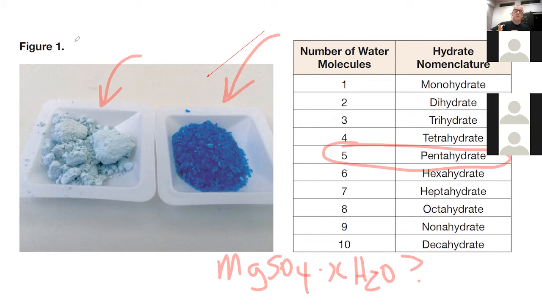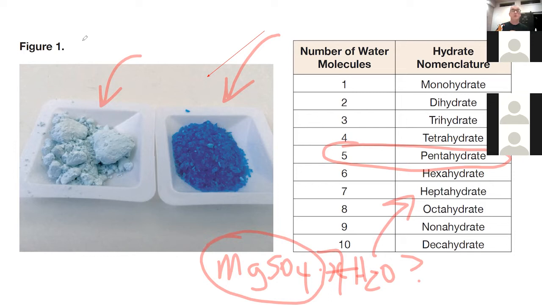So what will we call this compound? Heptahydrate. Magnesium sulfate heptahydrate, right? And so what we hope to do by heating it up is drive off these 7 molecules of water and just leave the anhydrous magnesium sulfate behind.